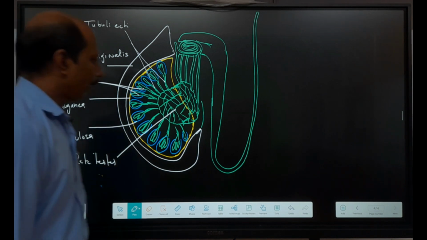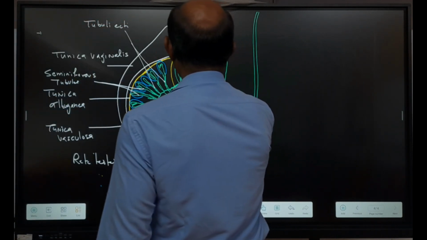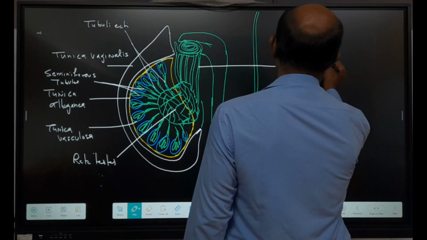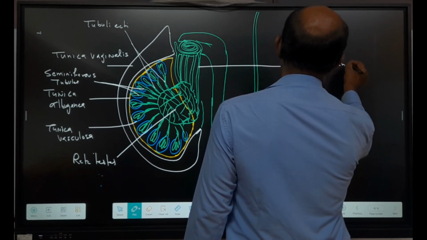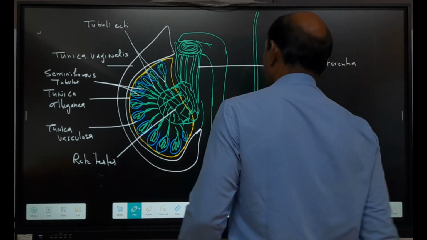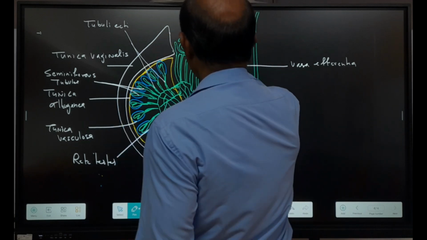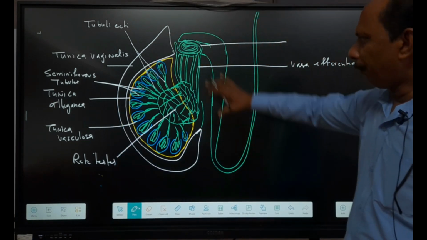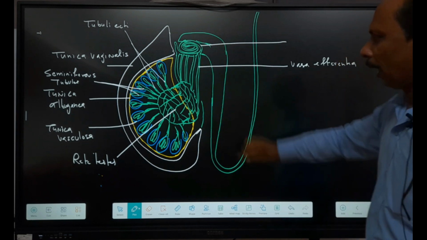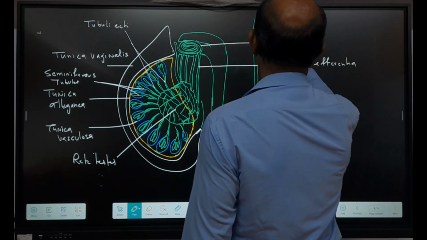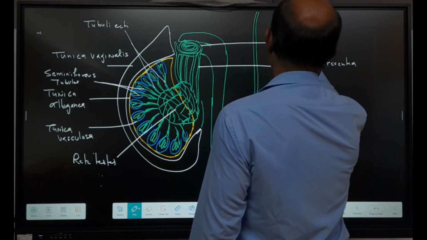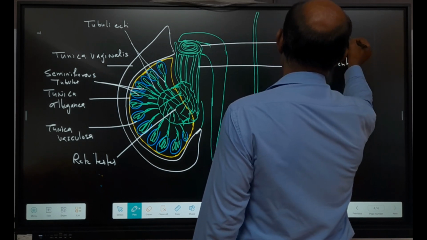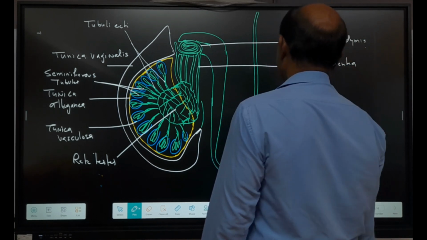Rete testis, right? And when they come outside, this one is called vasa efferentia, right? They are highly coiled epididymis, right? Because the epididymis also has three parts. So this highly coiled part is called caput epididymis, right?